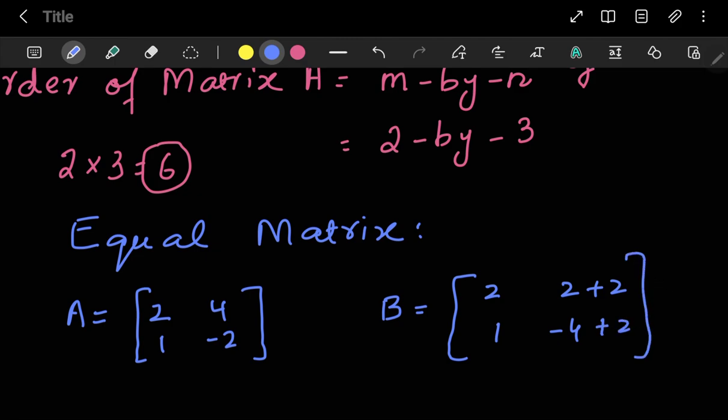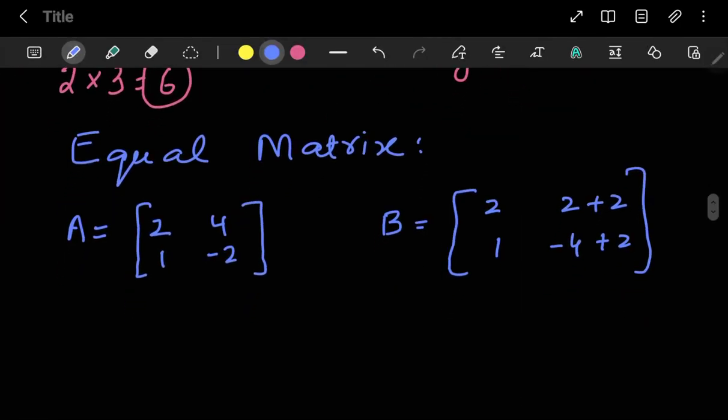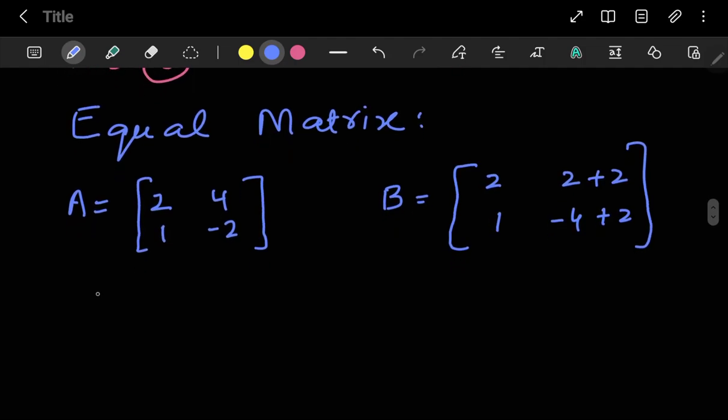So matrix A, the order of the matrix will be, how many rows and columns are there? There are 2 rows and 2 columns.